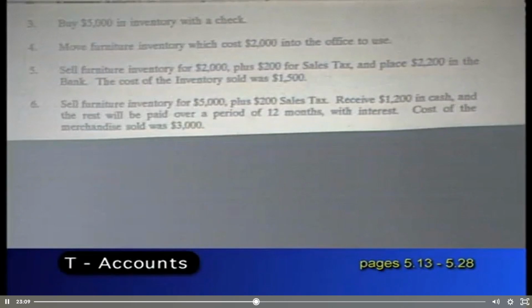We sold the furniture for $5,000, plus we had to charge them $200 in sales tax. That was $5,200. From them, we got $1,200 in cash, and they signed a contract that we're going to collect on for the next 12 months, which also included interest, for $4,000. The cost of the merchandise was $3,000.